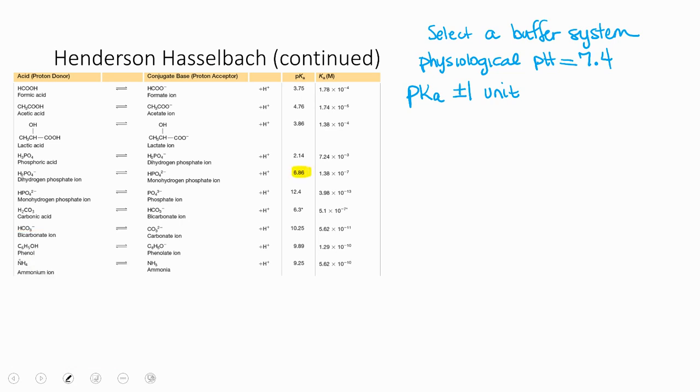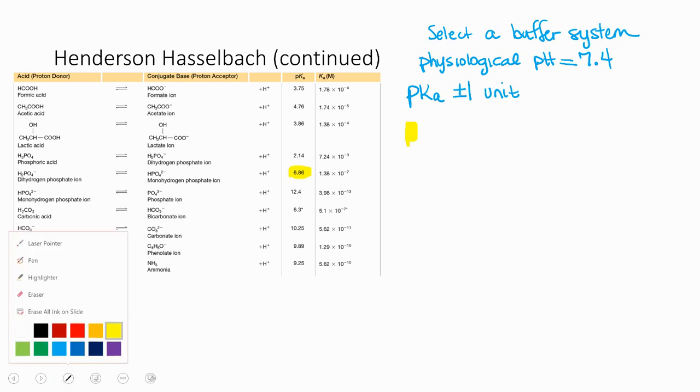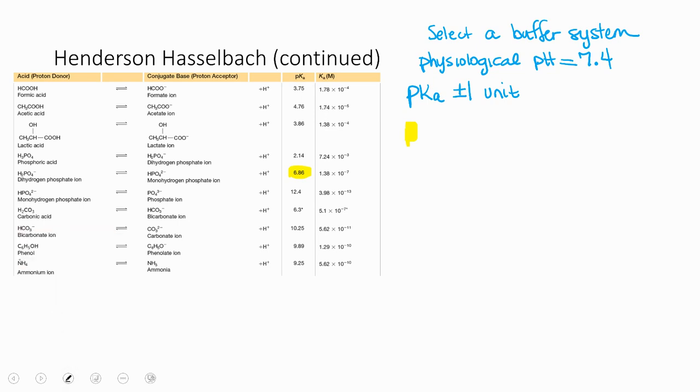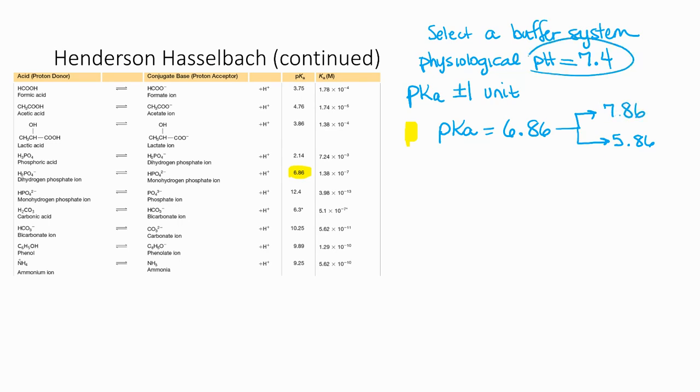Take a second. There's one buffer system that's the best out of these. If you notice, here we have the 6.86. So for the pKa equal to 6.86, that's going to be able to resist changes within 5.86 and 7.86, and that is going to be good for our 7.4 that we want.